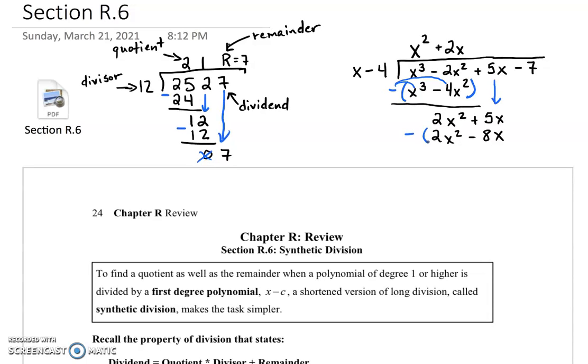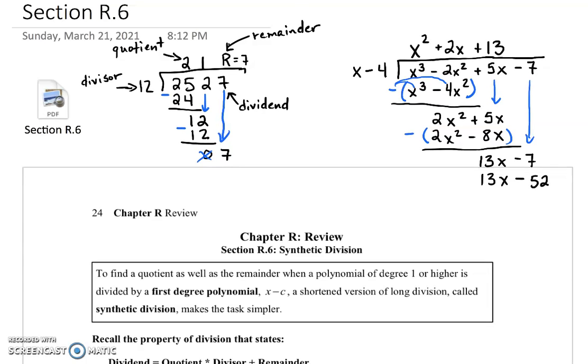And remember, we're subtracting that whole thing. So we end up with 13x. We bring the negative 7 down. x goes into 13x 13 times. Now we multiply. That gives us 13x minus 52.